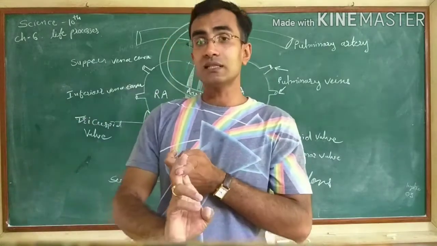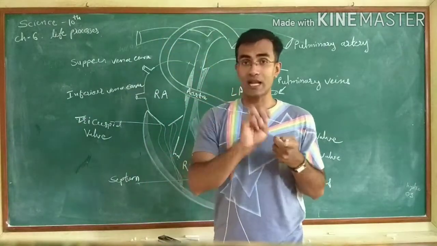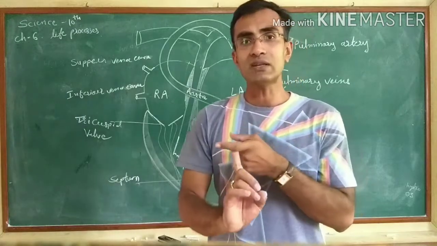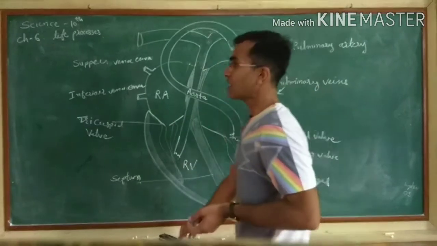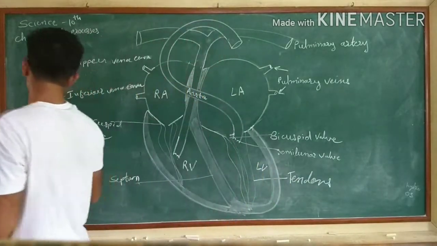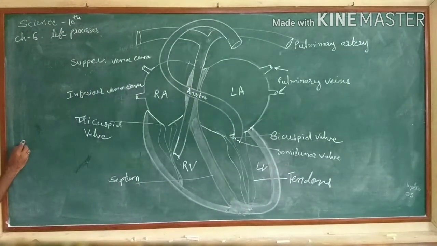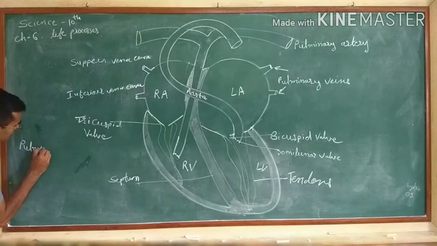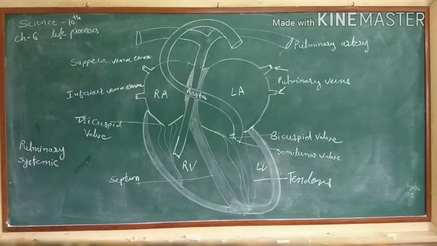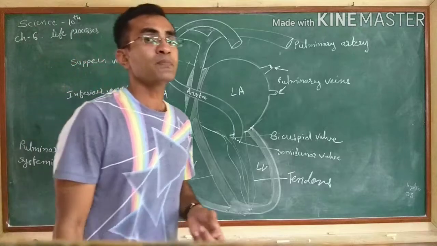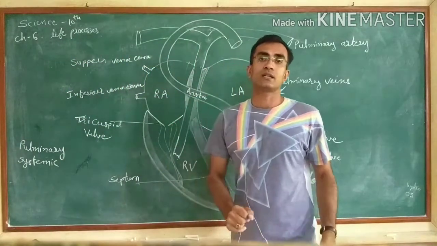Now double circulation, that word indicates there are two types of circulation, right? First circulation is called the pulmonary circulation. First one is called pulmonary circulation, and the second one is the systemic circulation.